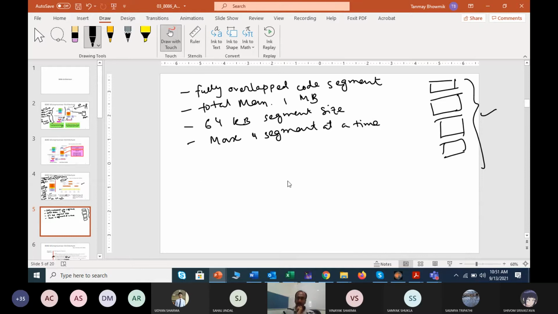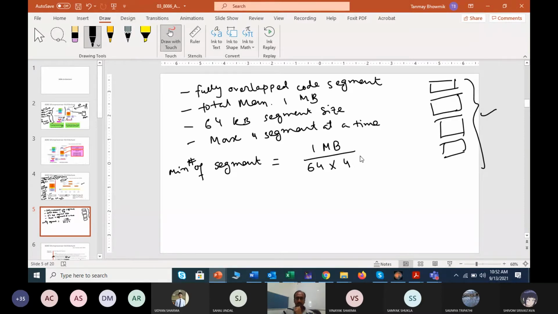True. That means if anyone asks you how many segments you can use, the minimum number of segments, that will be your 1 megabyte divided by 64. You can directly write this as 64 into 4.